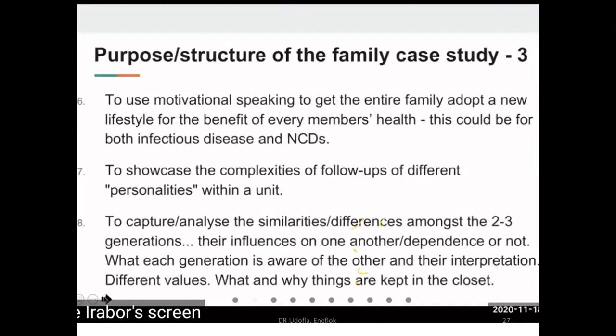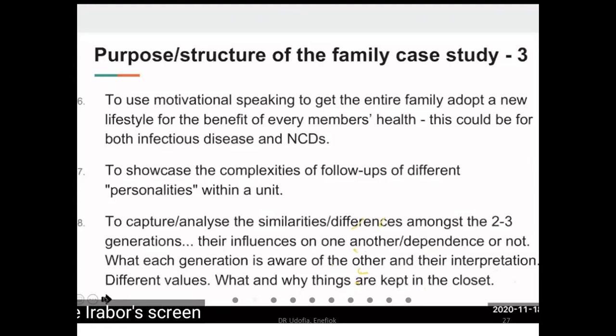And the children can also help the parents to remind them about taking the drugs and the rest of things. So such motivational things can help the patient. And also to showcase the complexity of follow-up of different personalities within a unit.